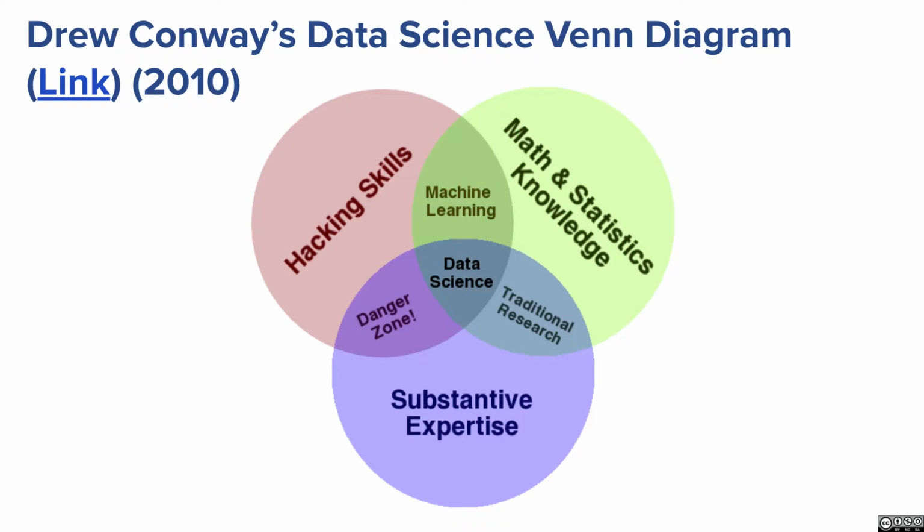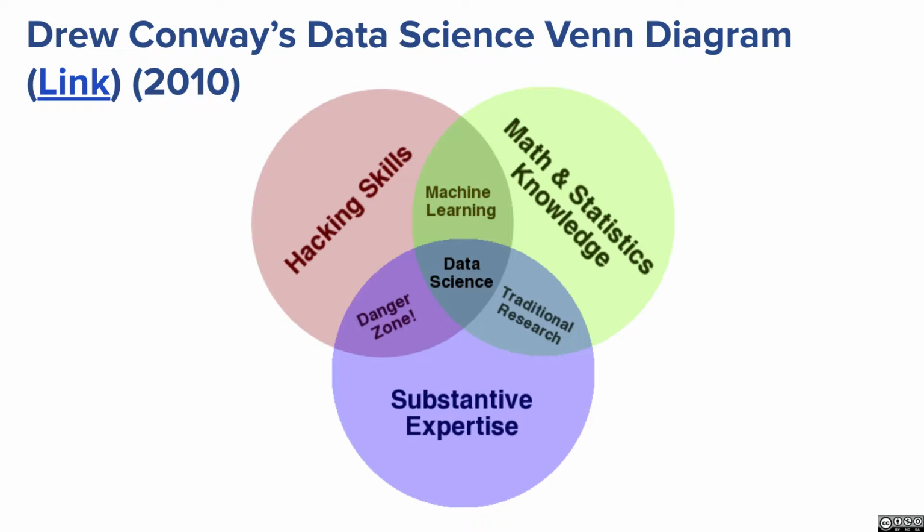As a kind of hand-wavy approximation to what data science involves, you may have also seen this famous Venn diagram that Drew Conway made in 2010, which essentially says that data science is the intersection of hacking skills like computing or programming knowledge with some math and statistics knowledge, with some domain expertise or substantive expertise.